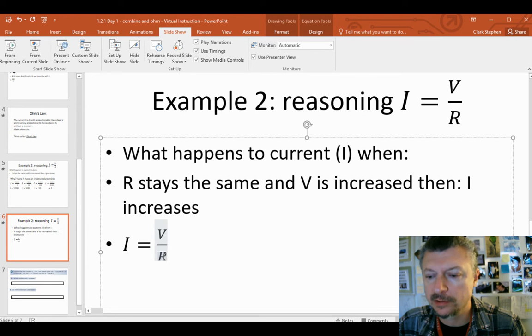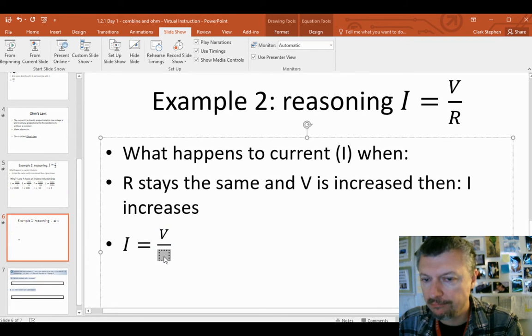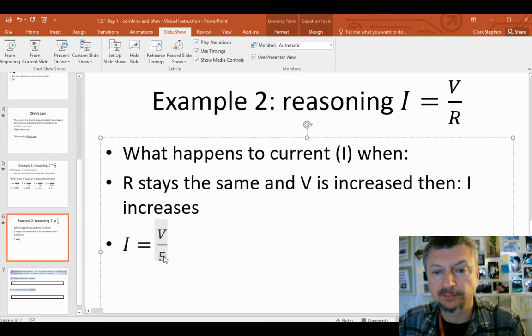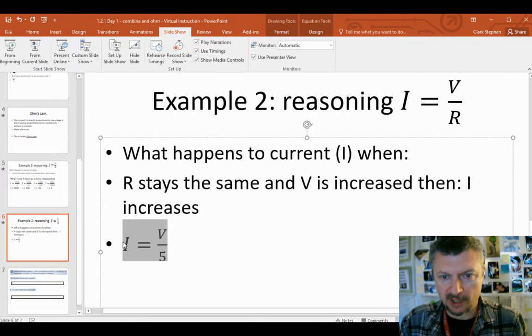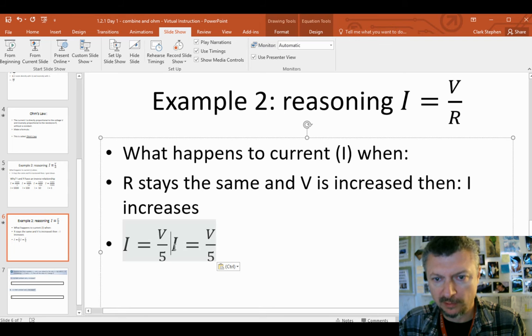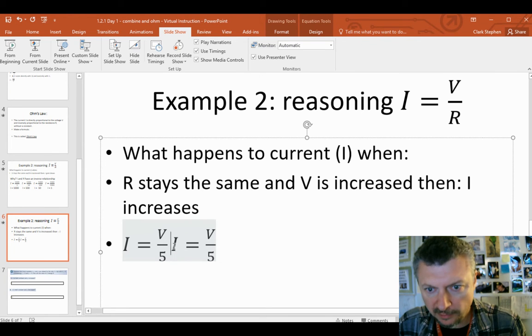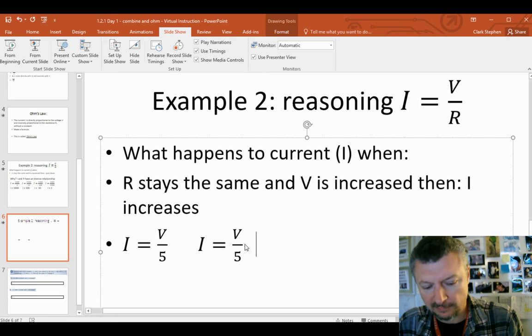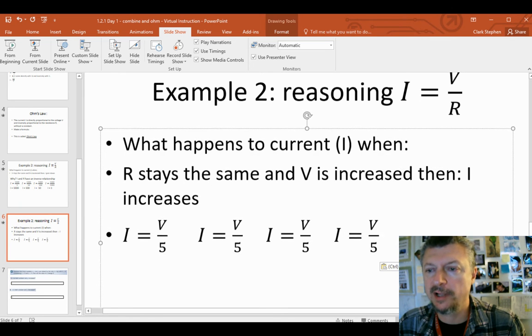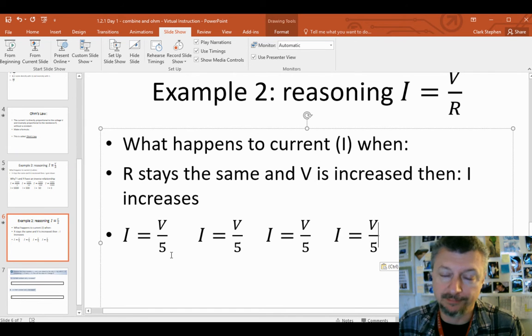Let's say R is 5. And I'm going to copy some of these. Bear with me here. Okay, so let's say R staying the same, it's 5 every time.